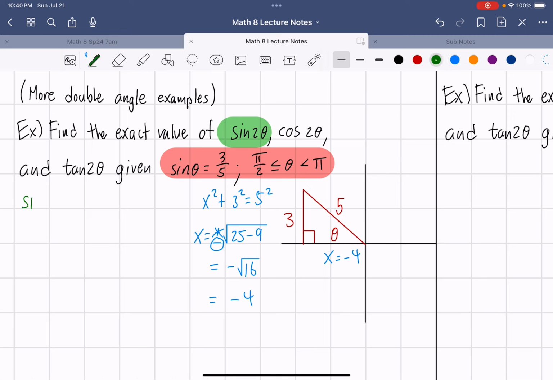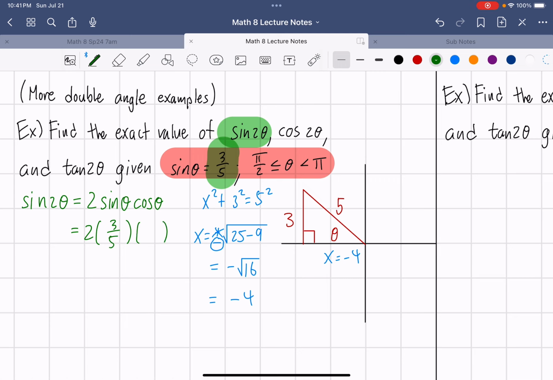So if I'm trying to find sine 2 theta, well, I know sine 2 theta is my double angle. That's 2 sine theta times cosine theta. And luckily, I know what sine theta is equal to because of the given information. So this is going to be 3 over 5.